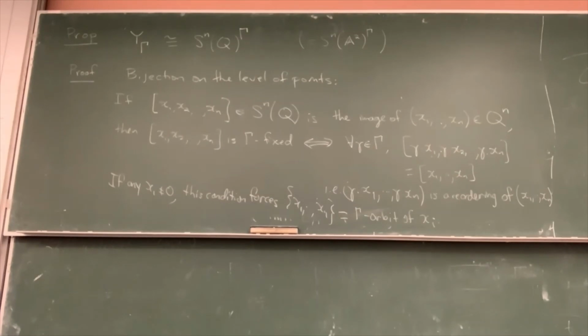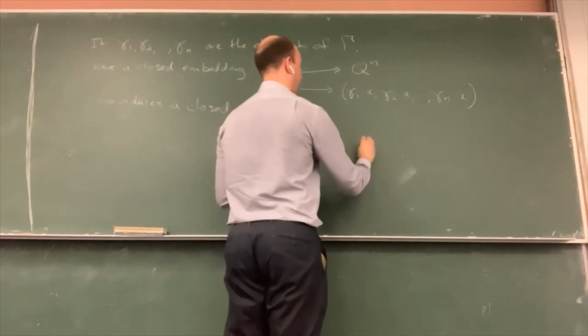And then this induces a closed embedding from the quotient by gamma here to the quotient by Sn here.